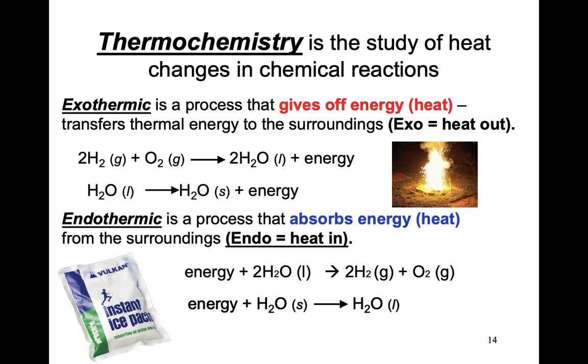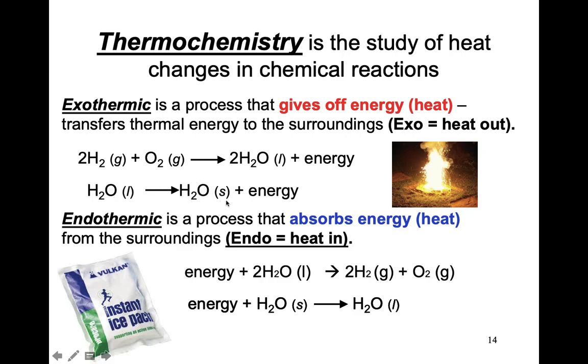Now, that's when you take liquid water and you put it in the freezer and it becomes a solid. The energy has to come out, and that's what the refrigerator and freezer does. It pulls that energy out. So the energy coming out is exothermic. So interesting. Freezing is exothermic.